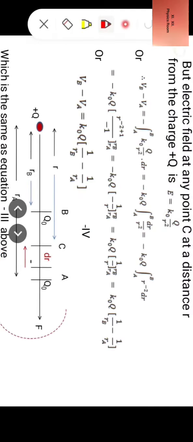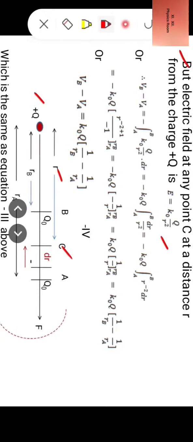But electric field at any point C, this is point C, at a distance r from the charge plus q is E is equal to k naught q by r square. Already we know this, that is the electric field intensity due to a point charge at a distance r from it is given by the expression E is equal to k naught q by r square.